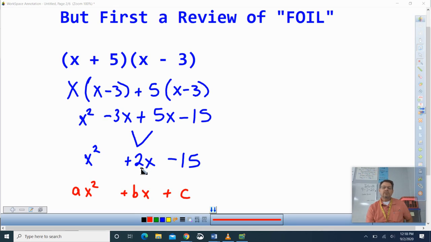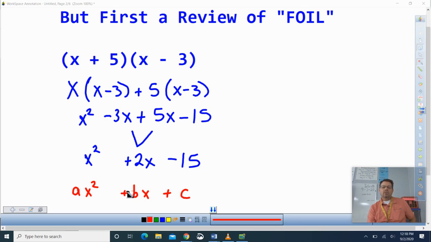So as long as you have a 1 in front, because we get other things when there's not a 1 in front, the main question you always ask yourself is: what two things multiply to give me the last term, or c, but then add or subtract, depending on the signs, to give me the middle term, the b term.